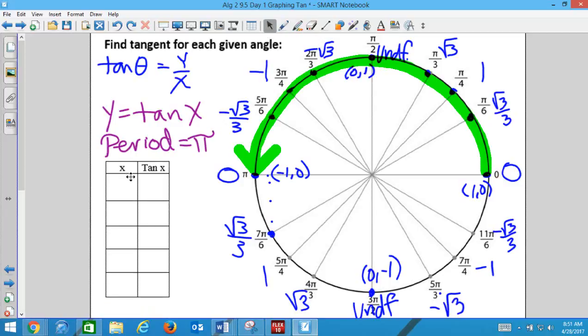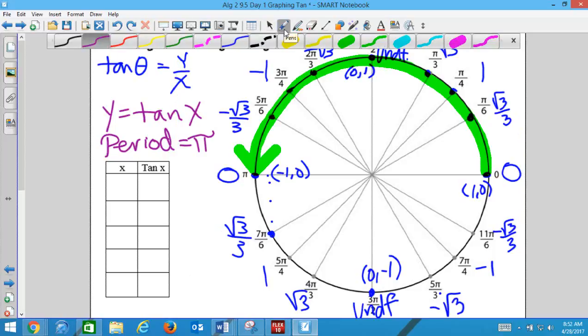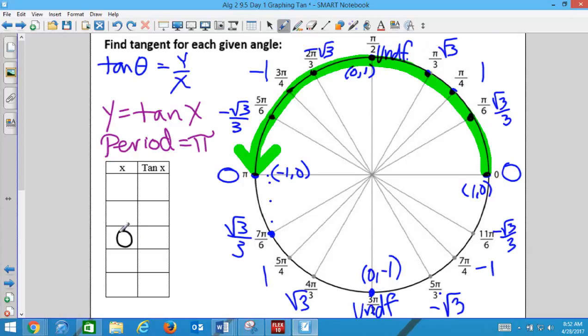The key points that we use are also different. For sine and cosine, we use the entire circle for the key points. For tangent, we're only going to use half the circle, but it's not the half that I highlighted. So I'm going to show you the key points for tangent. We're going to make the middle key point 0, okay? And at 0, tangent is 0.